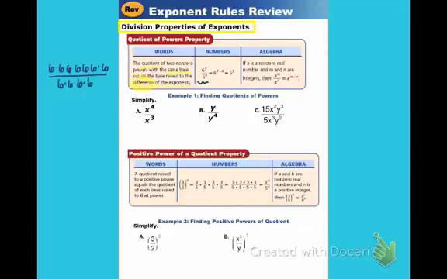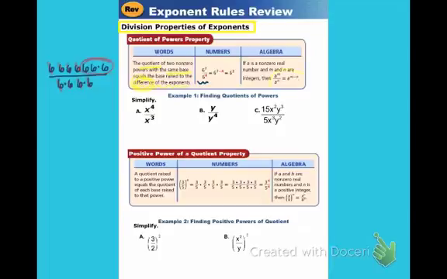And so when you're dividing this, you can think about just cross-canceling. Cancel something on the top with the same thing on the bottom. And so if we did that all down the line here, what we'd be left with on the top is just 3 sixes being multiplied. And so that sort of verifies where that property comes from.